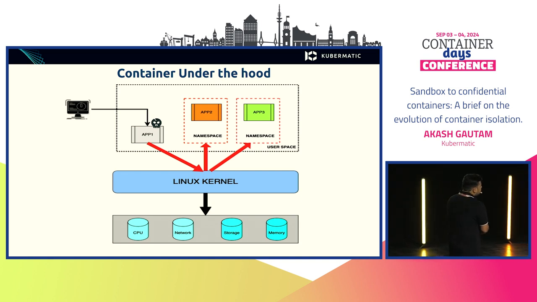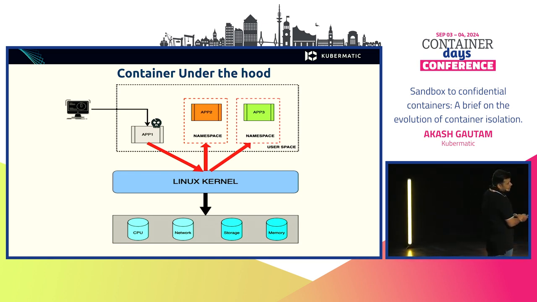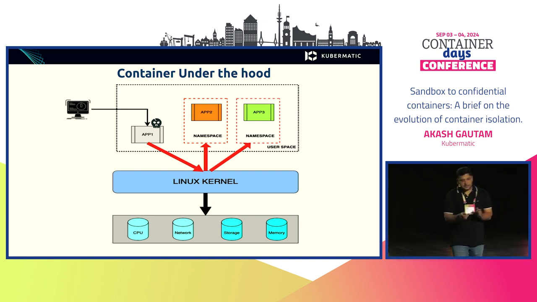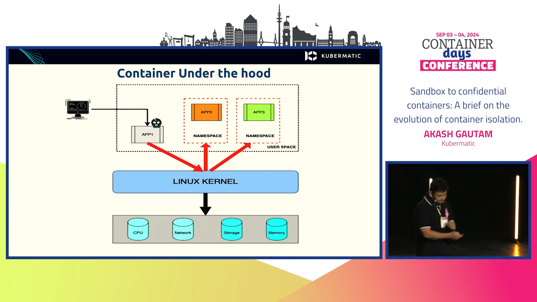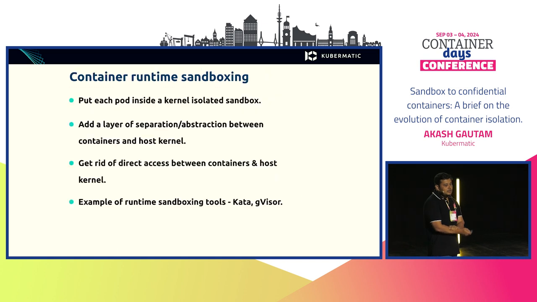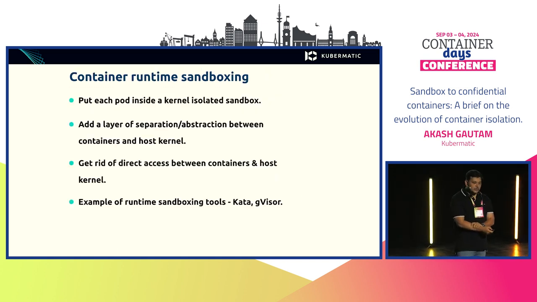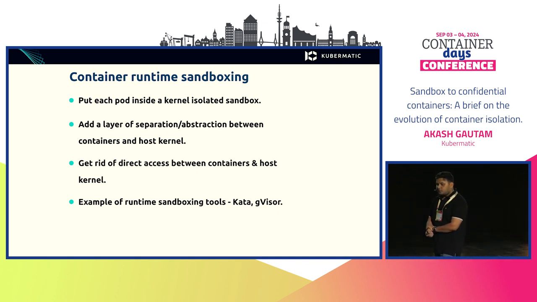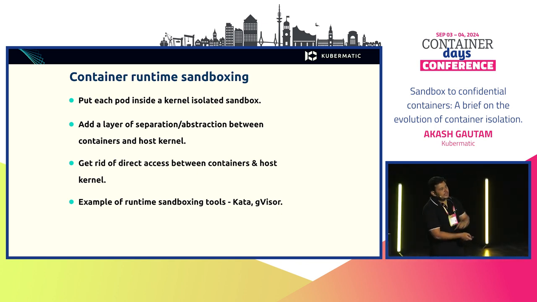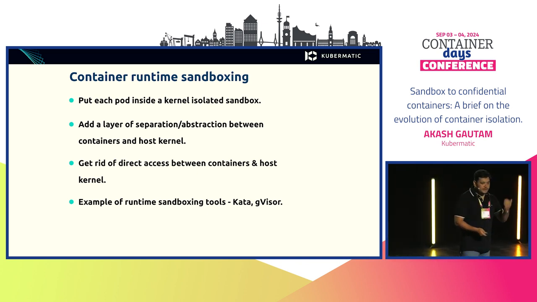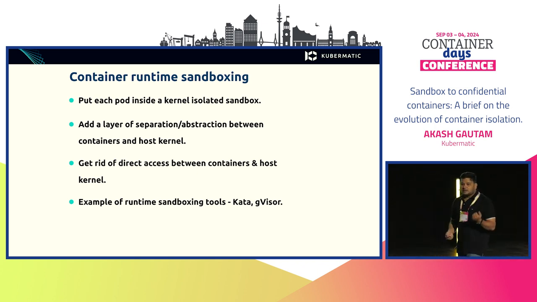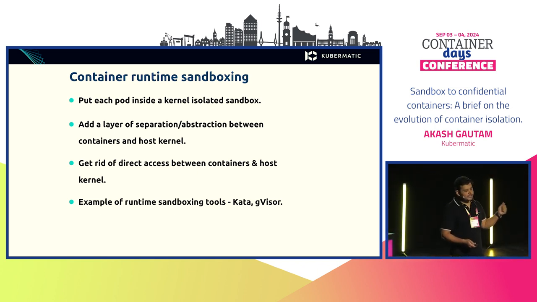To mitigate this risk, better isolation is desired between the applications themselves and also between the application and the Linux kernel, or the host kernel. This is where container runtime sandboxing comes into the picture. Container runtime sandboxing tools basically put each Kubernetes pod in a separate kernel-isolated sandbox, so that even if a process is able to break out of the container boundaries, it only sees the kernel of the sandbox and not the host itself.